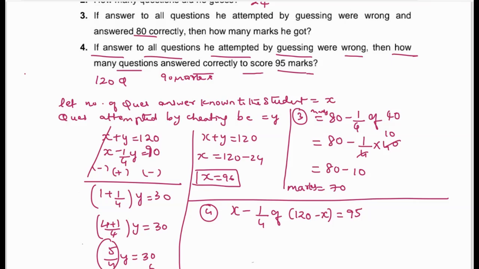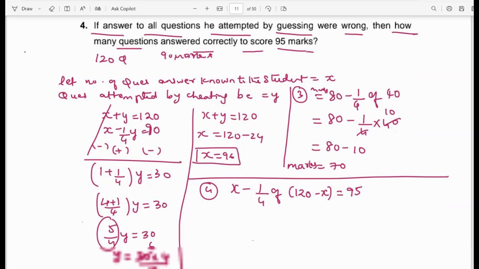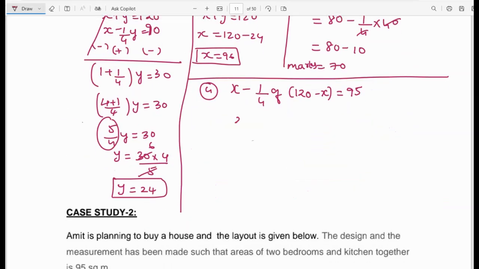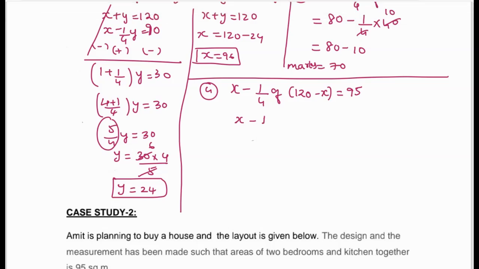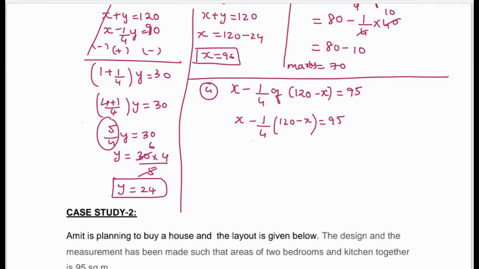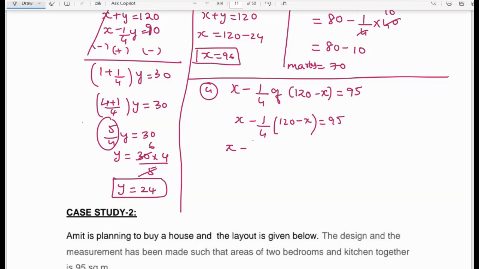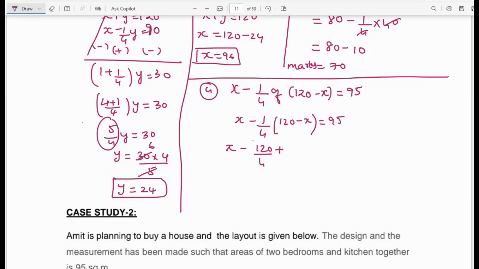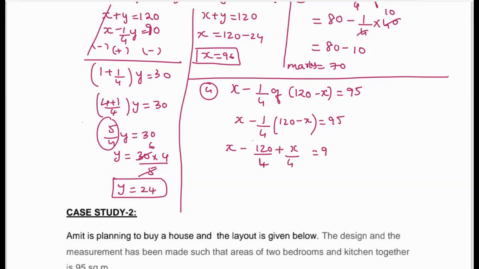So score 95 marks. So it will be x minus 1 by 4 times 120 minus x is equal to 95. So x minus 120 by 4, minus into minus will be plus x by 4, is equal to 95.